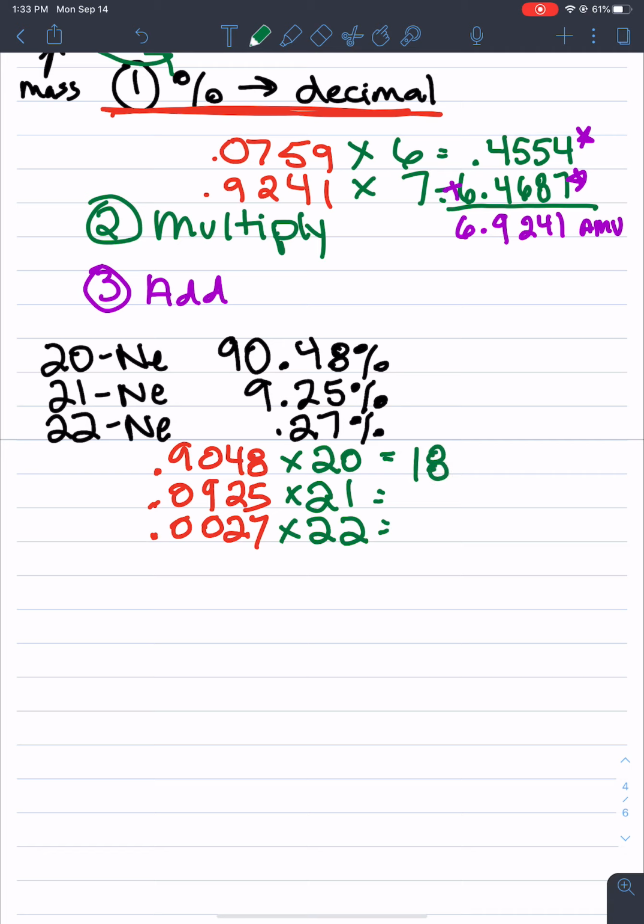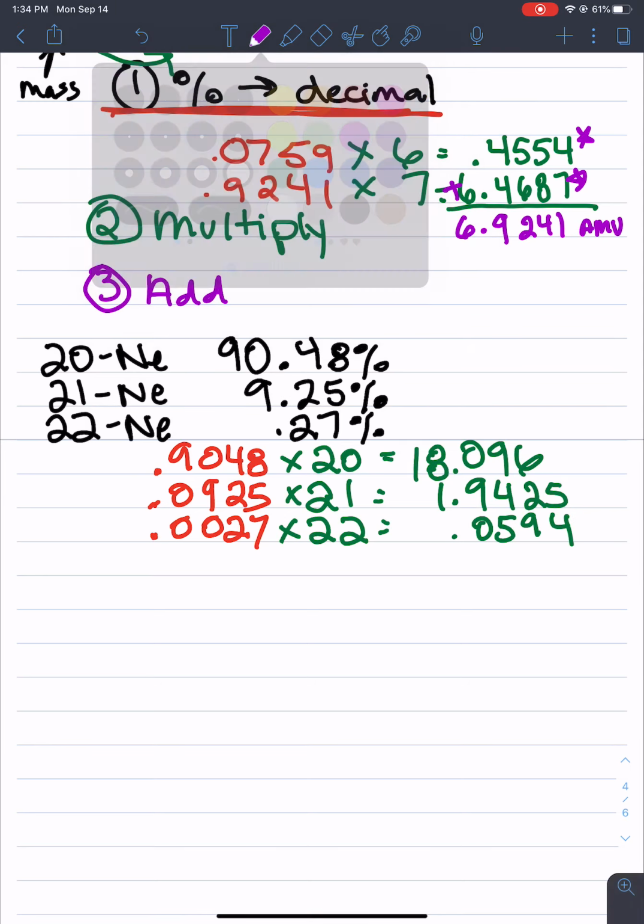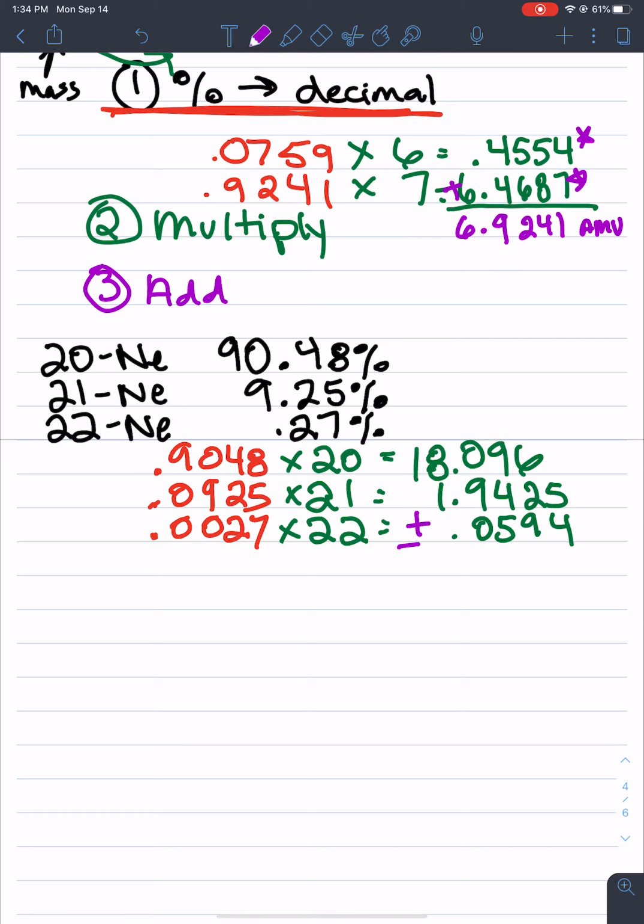So this one is 18.096, this other one is 1.9425, and this final one is 0.0594. Now we need to do our final step, which is to add them all up. And when we add them all up, we get 20.0979.